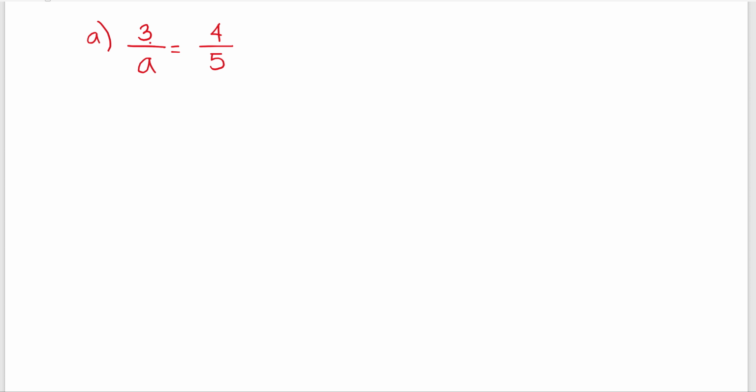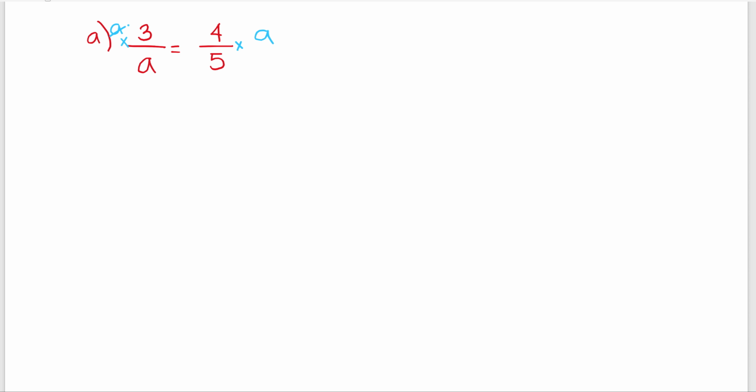So I say, okay, what is the a, because it's in the denominator? I want to put it in the numerator. So I want to say what a is doing. A is dividing that 3. Agree? So what I'm going to do is times both sides by a.